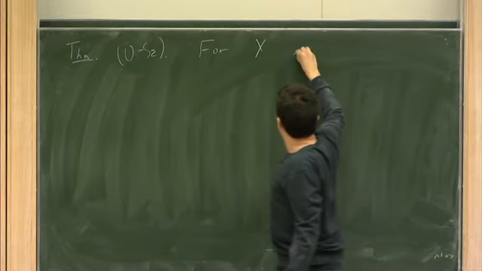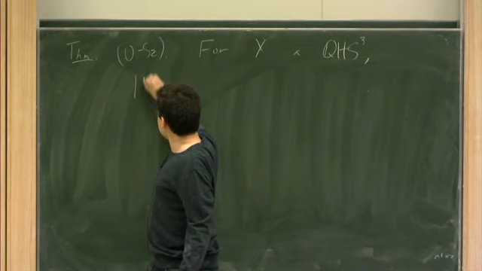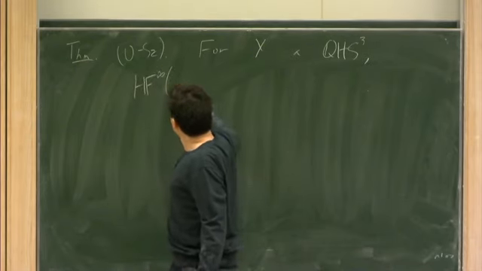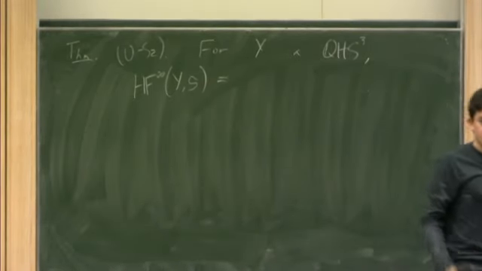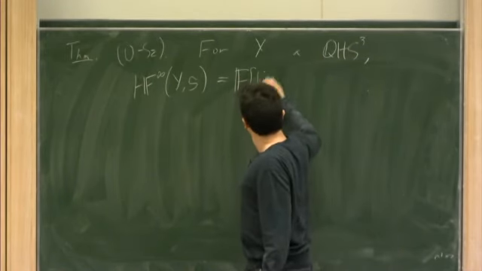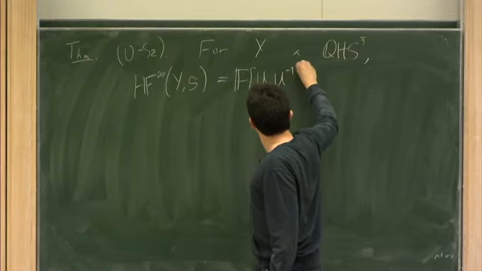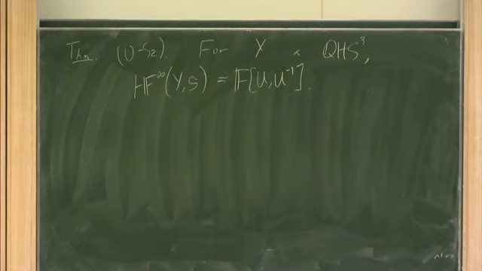For Y a rational homology 3-sphere, in each spin C structure, HF infinity is boring. So HF infinity is sort of always the same. It's just going to be isomorphic to a single copy of the ring of Laurent polynomials in one variable, right?